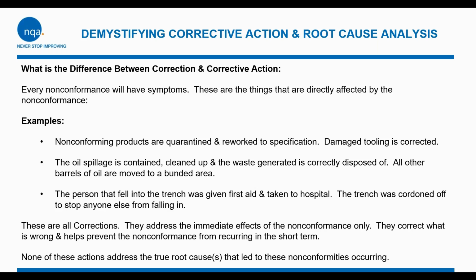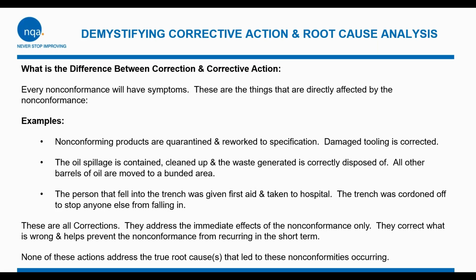Non-conforming products that are produced are quarantined and reworked to specification. The damaged tooling that produced these parts is corrected. So we've addressed the symptoms of that particular non-conformance, but not the root cause, which is why was the tooling damaged? How were the parts not being detected sooner?